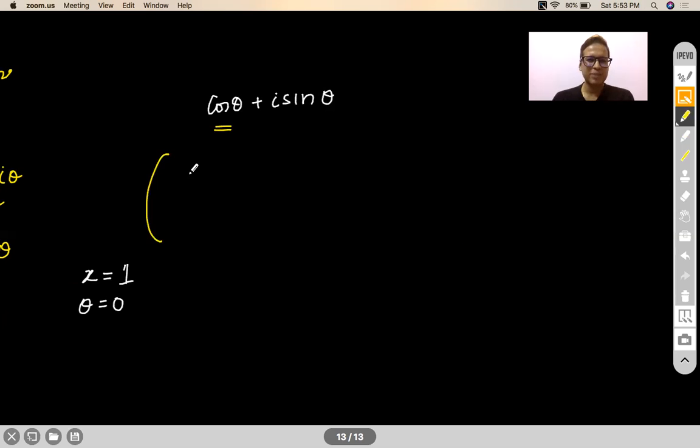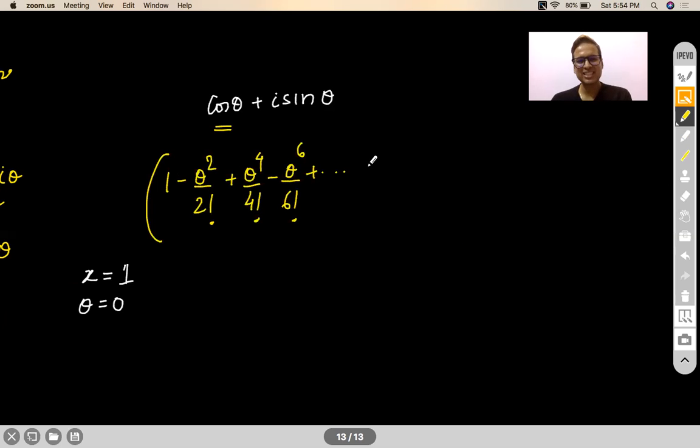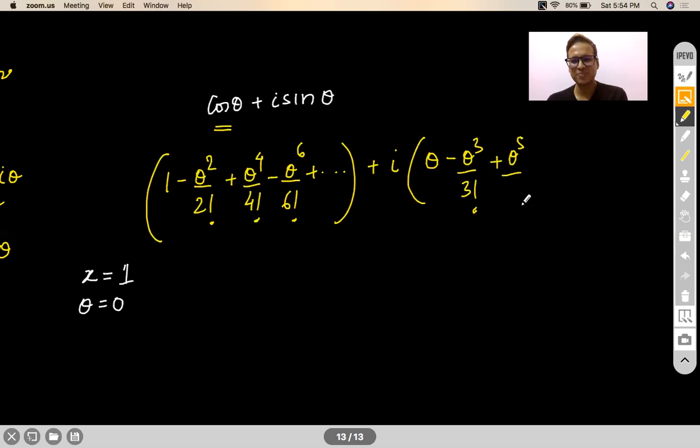It can be written as 1 minus theta square by 2 factorial plus theta to the power 4 by 4 factorial minus theta to the power 6 by 6 factorial, and so on, correct? And sin theta, you can write as theta minus theta cube by 3 factorial plus theta to the 5 by 5 factorial minus theta to the 7 by 7 factorial, and so on till infinity.